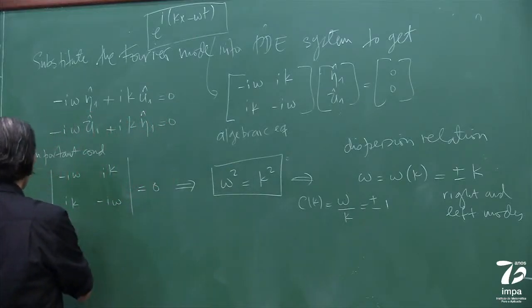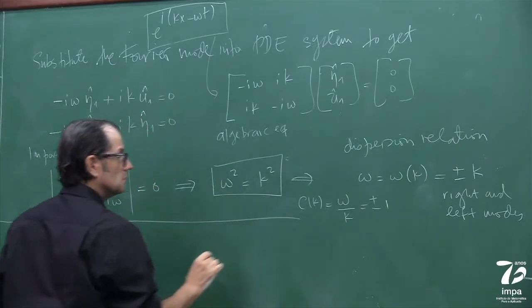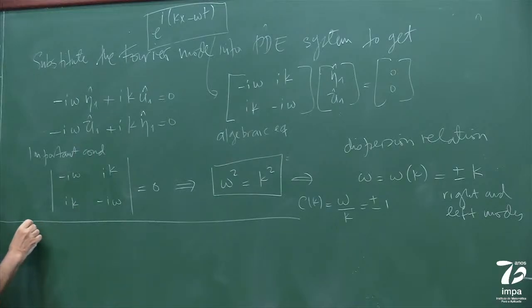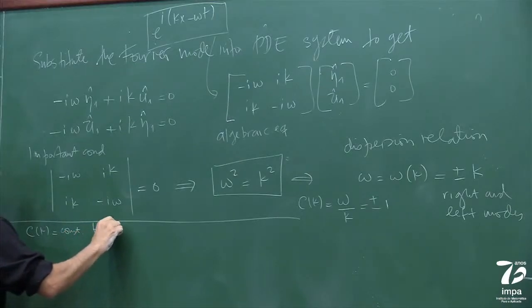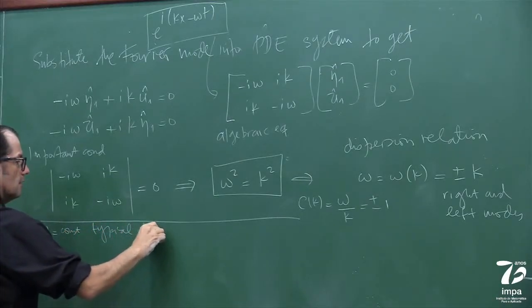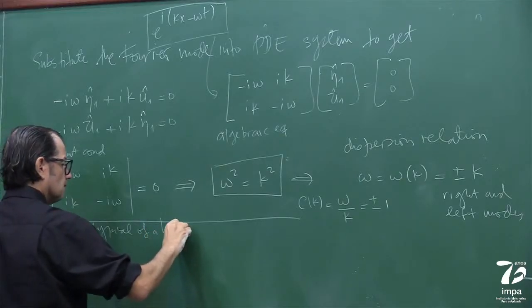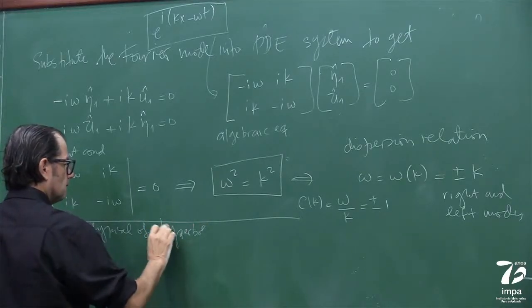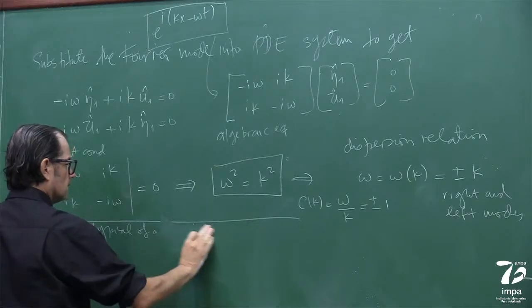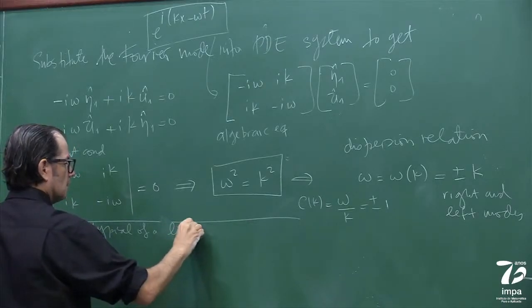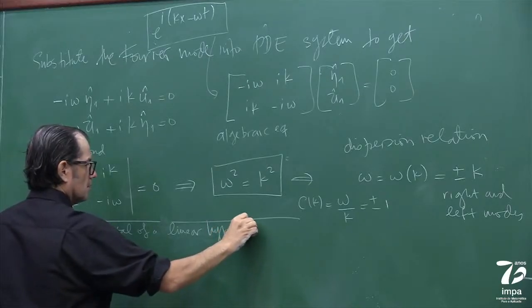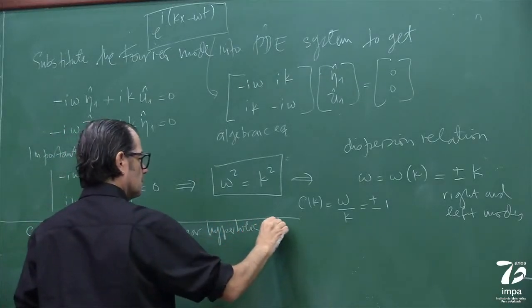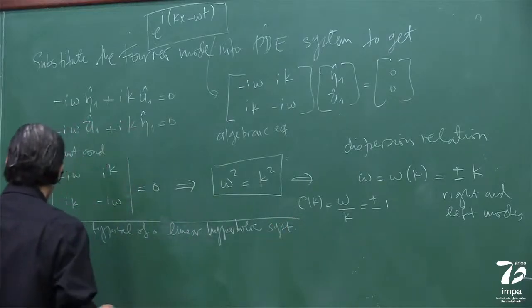So for a dispersive system, if c(k) is a constant, that's typical of a linear hyperbolic system.